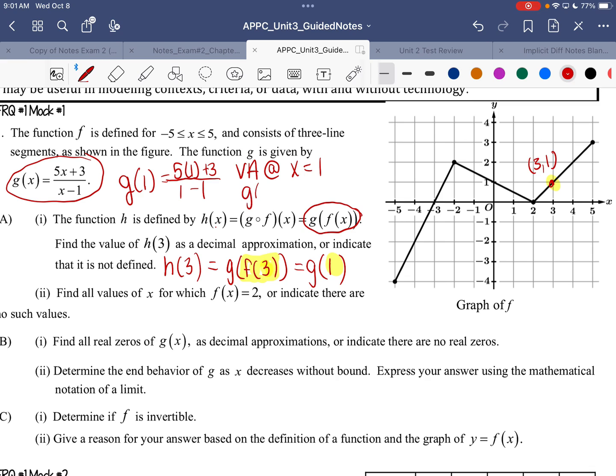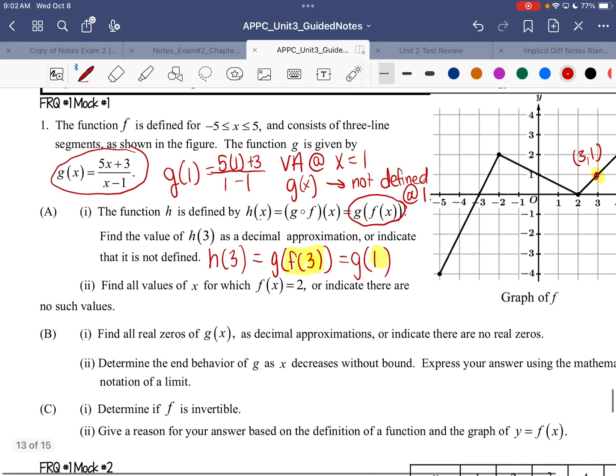G of x would not be defined at 1. So what you say for your answer for part I would be no solution, or you could say undefined, whatever. Oh, it says not defined. So we'll say not defined. That's a better thing to say.